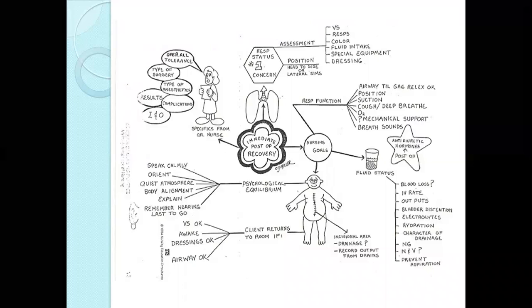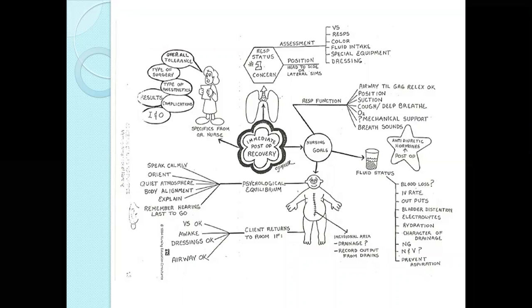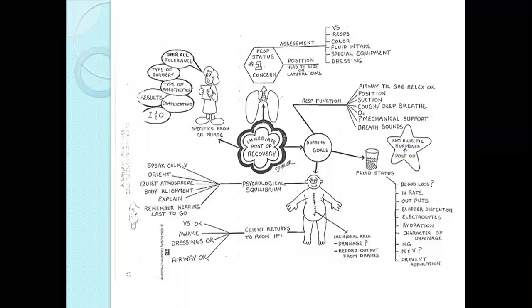Then we also have to see the physiological fluid status. Under the fluid status, we have to see the blood loss, how much blood is being lost, and the intravenous infusion rate which we give to the patient. And what is the output?